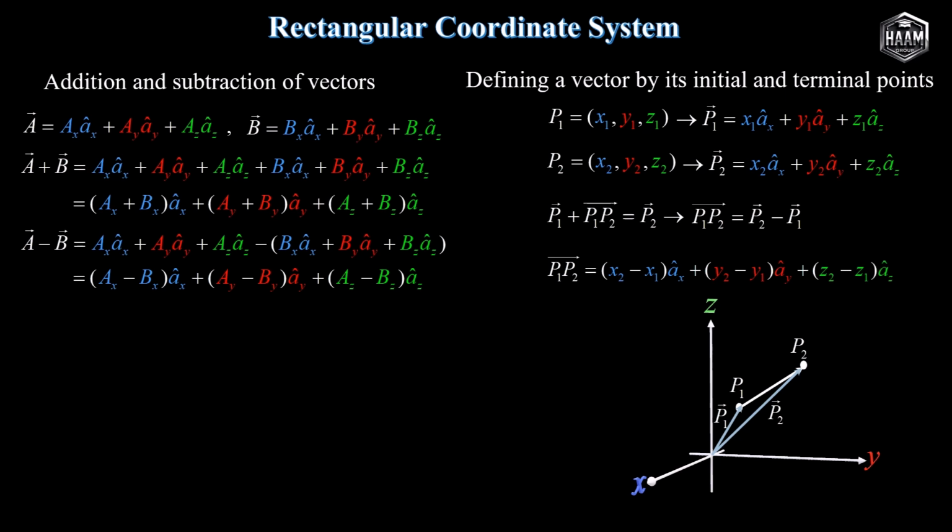Here we use the result of vector subtraction discussed in the previous part. So vector P1P2 becomes (x2 minus x1) a_x plus (y2 minus y1) a_y plus (z2 minus z1) a_z.